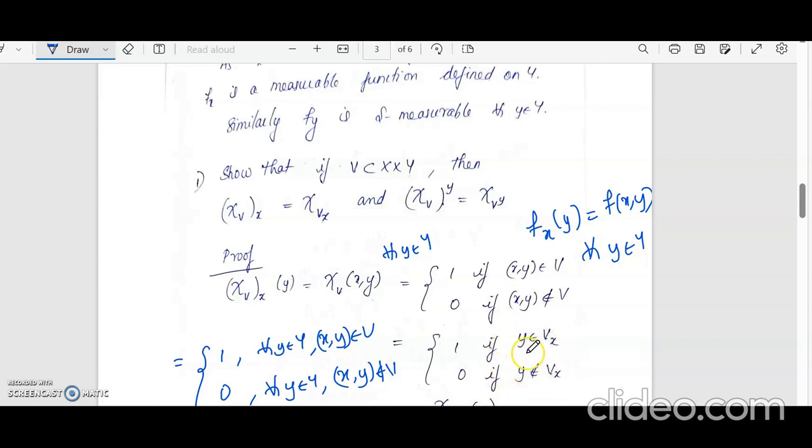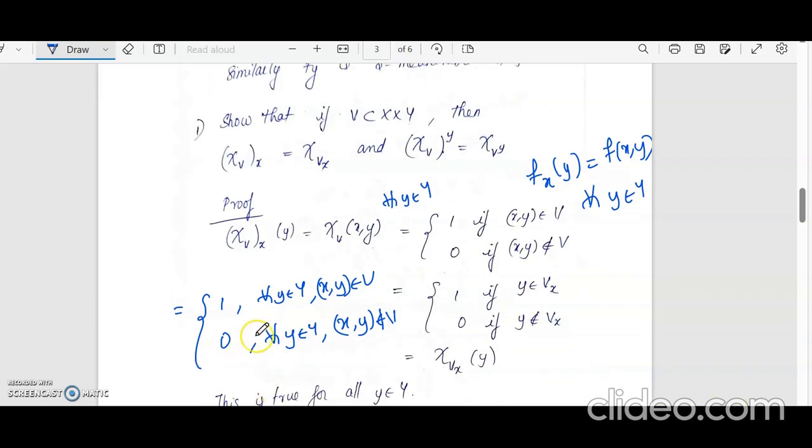Now by the definition of the characteristic function again, it will take the value 1 when y is in the set Vx, and it takes the value 0 outside the set Vx. So this is the characteristic function for the set Vx. So this will be equal to chi Vx of y.